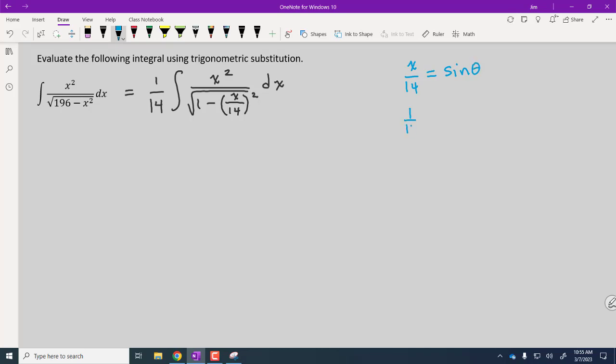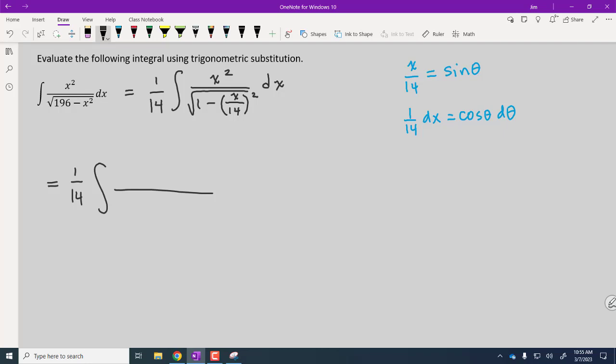Derivative of both sides, so we're going to have 1/14 dx is cosine of theta d theta. There is our substitution. So this will become 1/14 integral x squared. So we look to our substitution step, we isolate x.